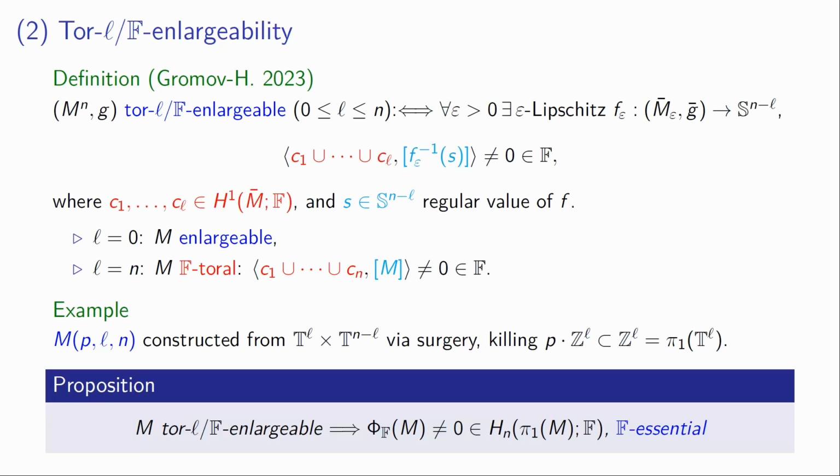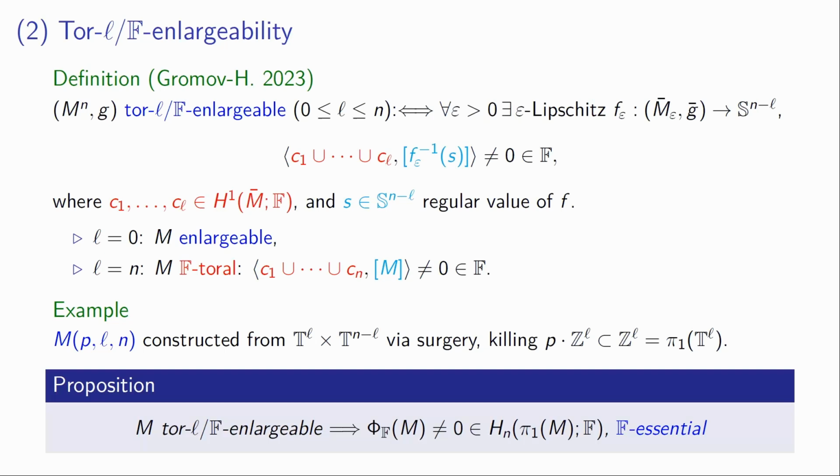And so now it actually makes a difference working with finite or infinite coefficients. So here let's take the n-torus, T^L cross T^(n-L).